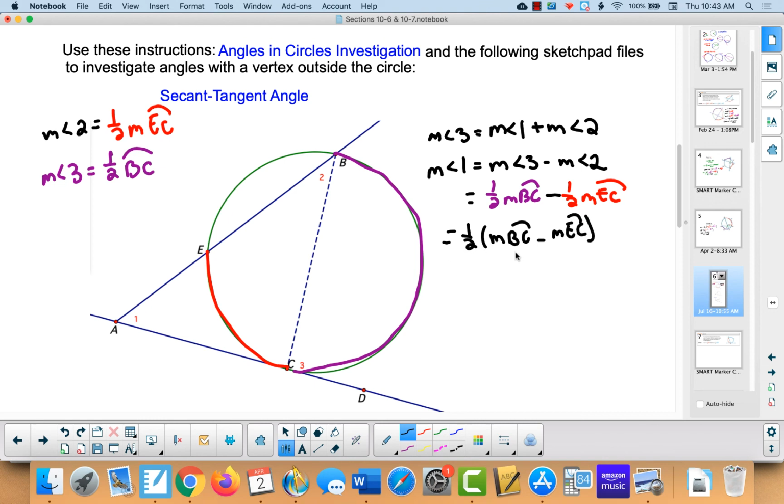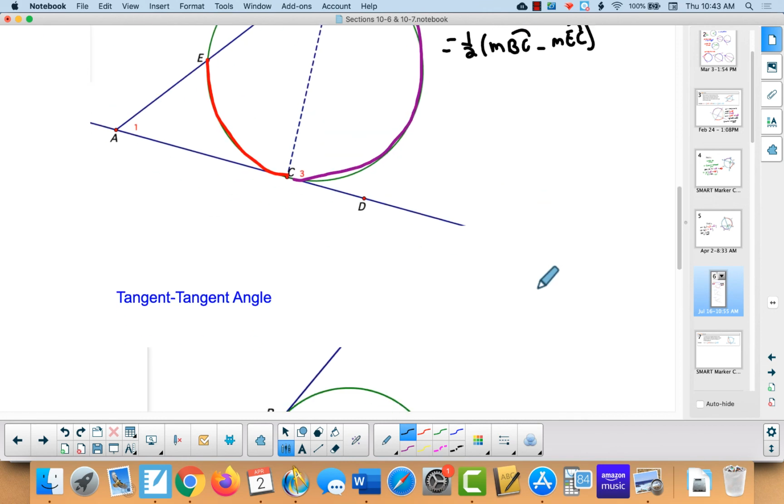Notice that BC and EC are the two intercepted arcs inside of angle 1. So here we get that the measure of the angle when the vertex is outside the circle is equal to 1/2 the difference of its two intercepted arcs.